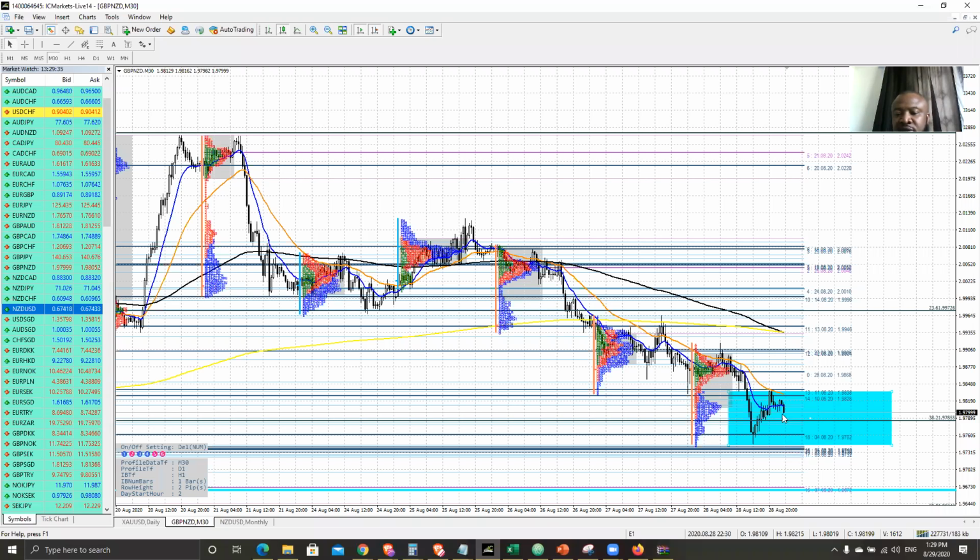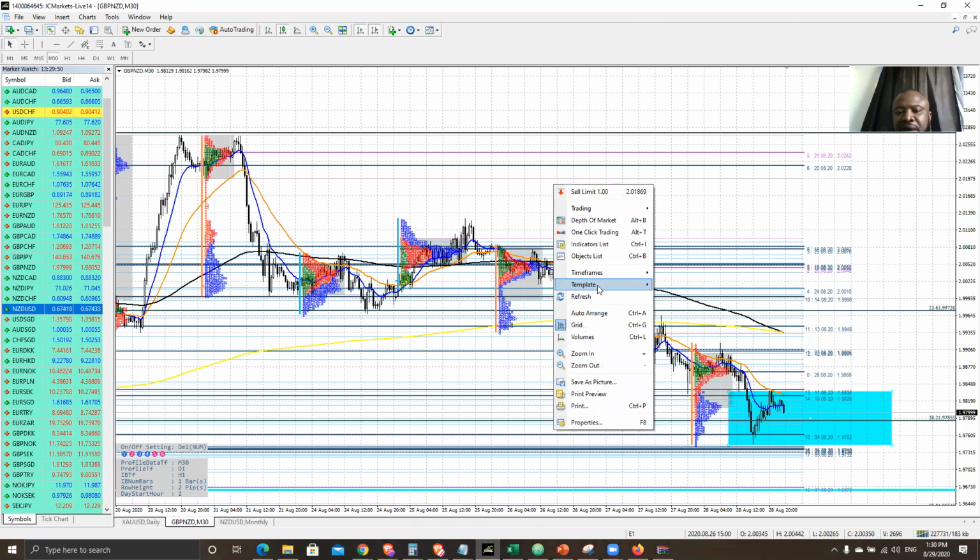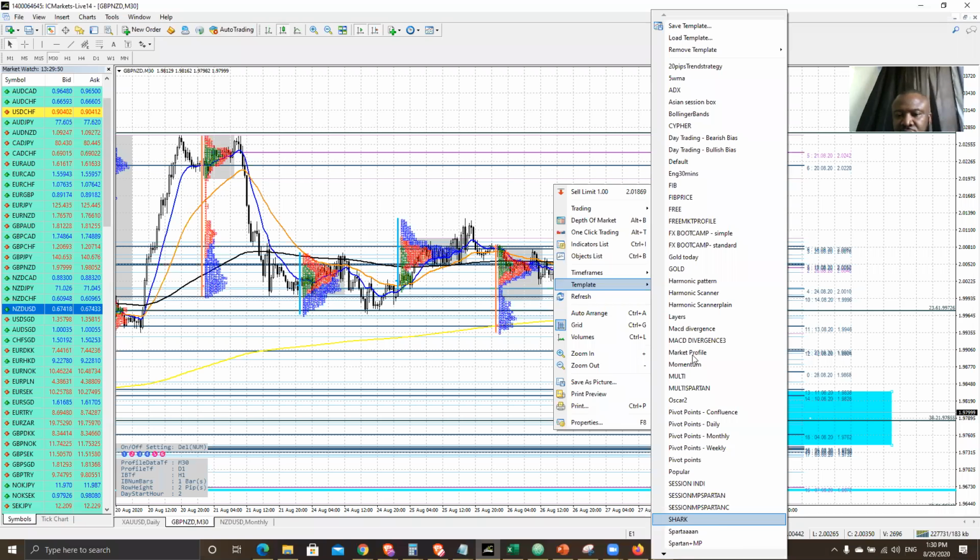When we test this low, then we'll be able to completely deduce whether there are more sellers in this market or there are no more cheap prices going down. And the kind of aggressiveness that we see coming into this is what is going to determine whether I'm going to be a buyer or not.